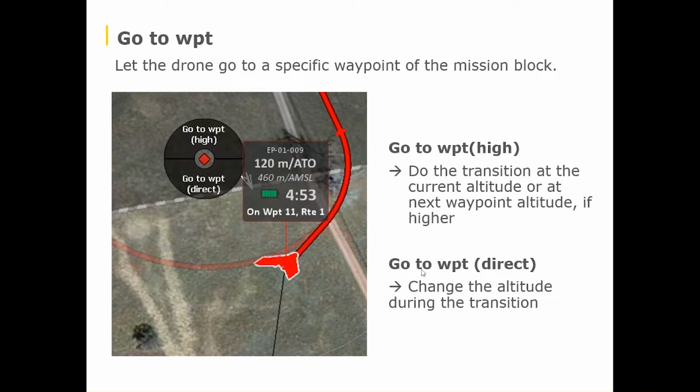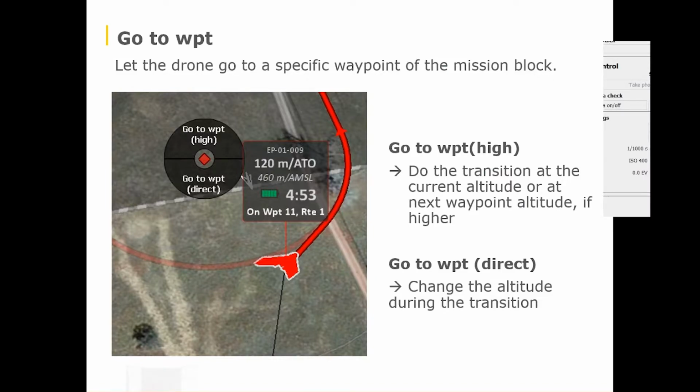On the other side, you have go to waypoint direct, which will change the altitude during transition, meaning that the drone will target the waypoint directly, and if the waypoint is higher than the drone's current position, it will climb while transiting to this waypoint.